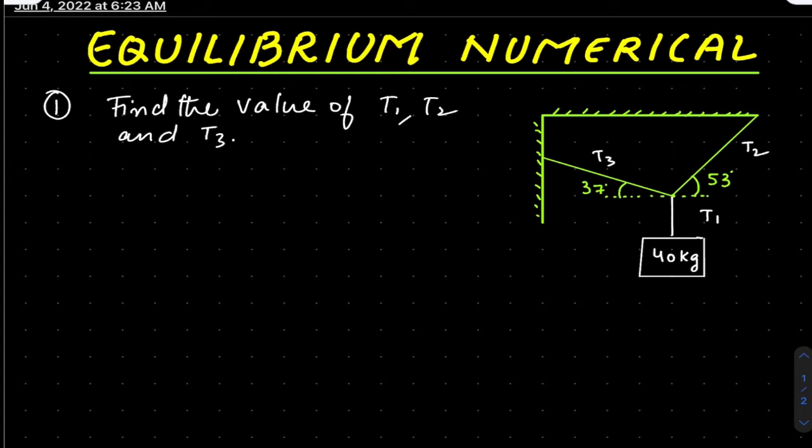So in today's lecture I am going to give a few numerical problems based on equilibrium under the chapter Newton's laws of physics. In the last chapter I also discussed the concept of equilibrium: the net force on an object is zero, and if the total external force on an object is zero, then the system is in equilibrium, right?